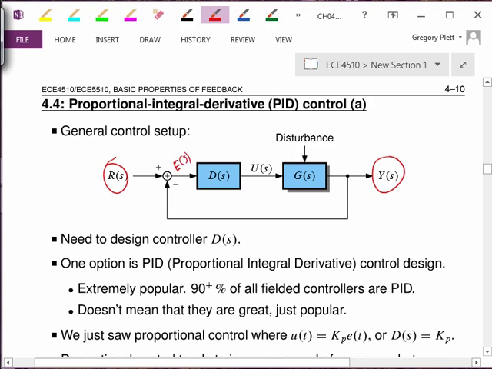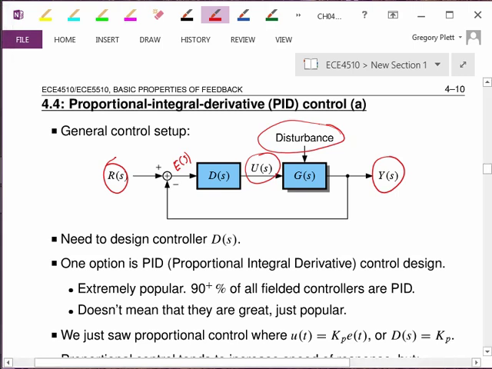The controller D(s) could be anything that I design, but somehow it's a linear time invariant system that operates on the input signal, which is the error, and it produces an output signal, which is the actuator control effort, and that goes into the plant, and the plant again produces the output Y. And there's a disturbance that we also have to keep in mind at all times.